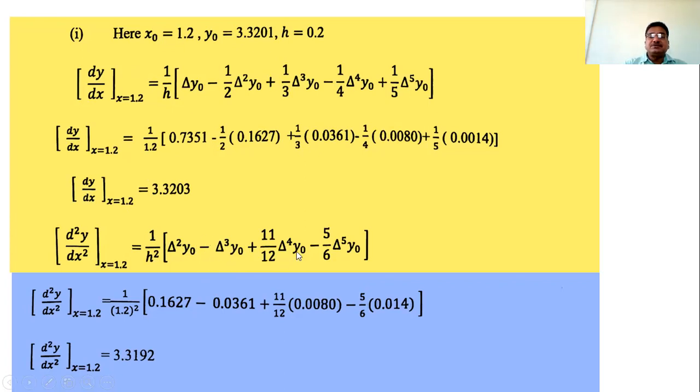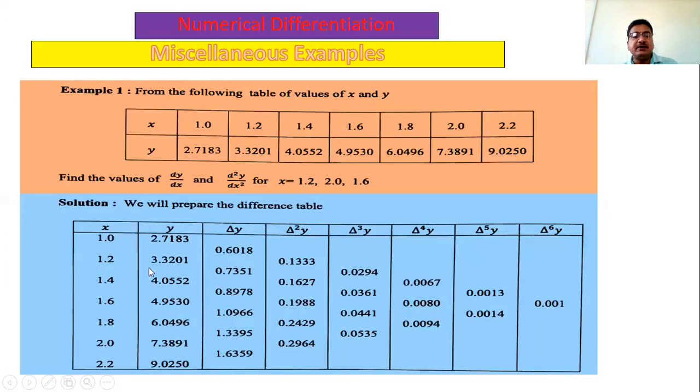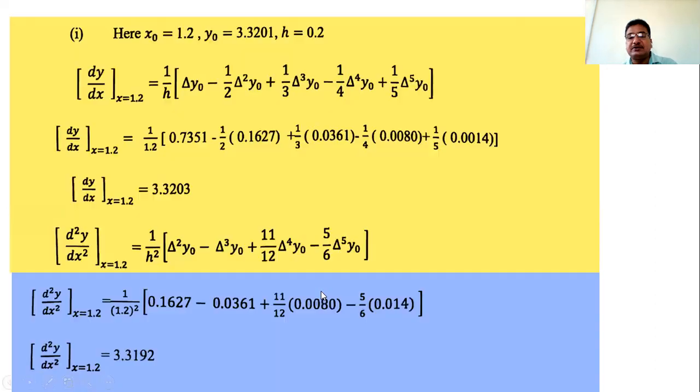Then we have this formula for the second order derivative, and then substitute all these values, that is delta square y naught, delta cube y naught, all these values. So what is delta square y naught? This is delta y naught, this is delta square y naught, 0.1627. So 0.1267, and all these values, we get the answer 3.3192. So these are the first order derivative and second order derivative at 1.2.